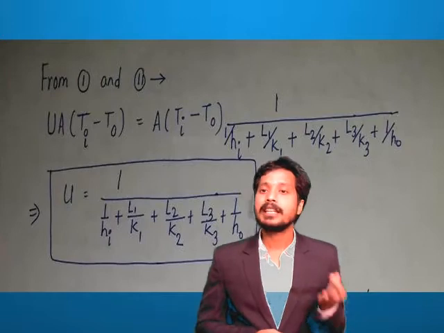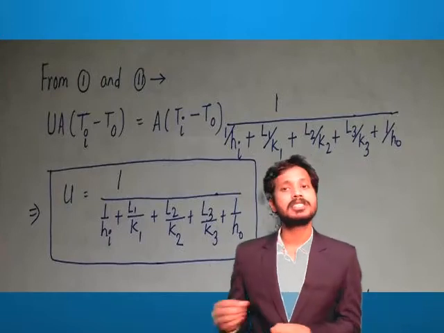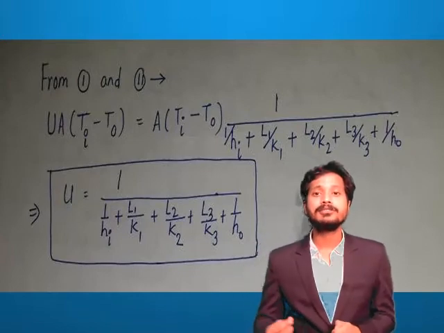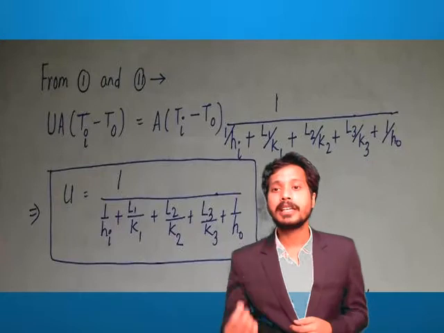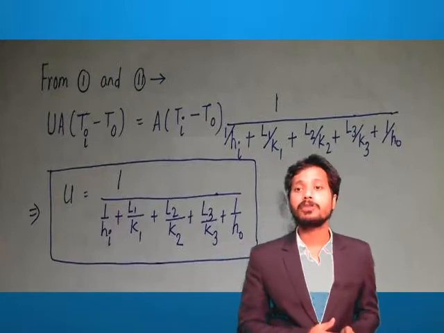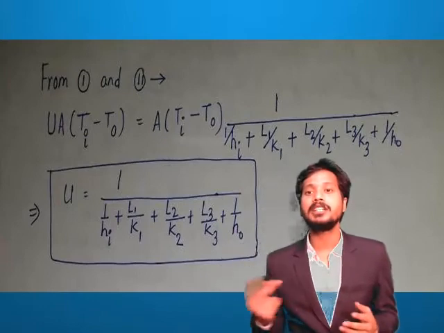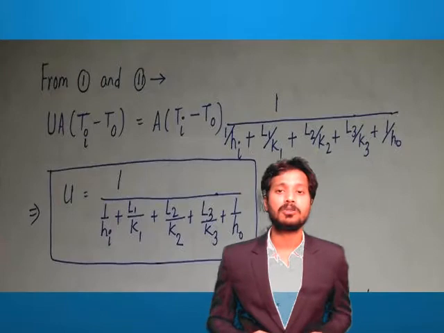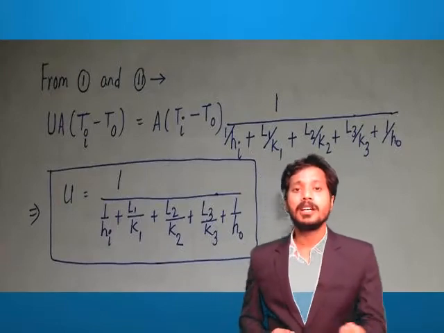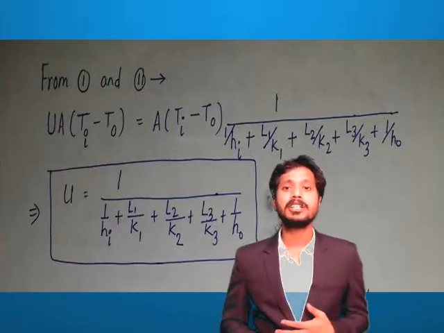Because in a slab the formula was Q equals K into A into (T1 minus T2) by L. But when you come to the composite slab, you don't have only the K value, you are including H values also. So you don't have only a single coefficient, you have multiple coefficients. That's why you need the overall heat transfer coefficient.